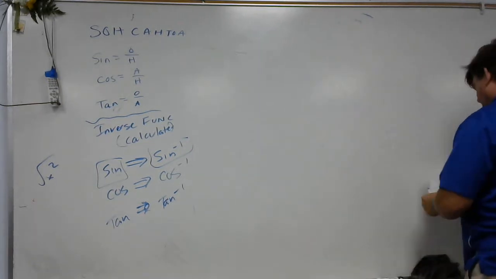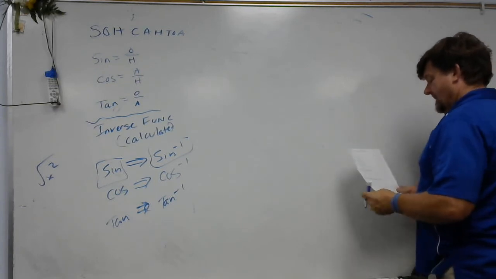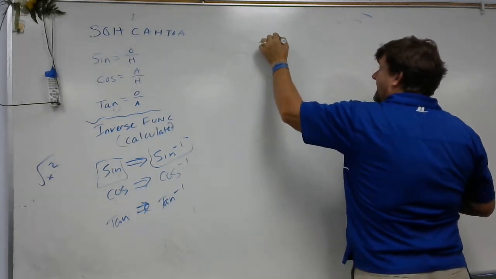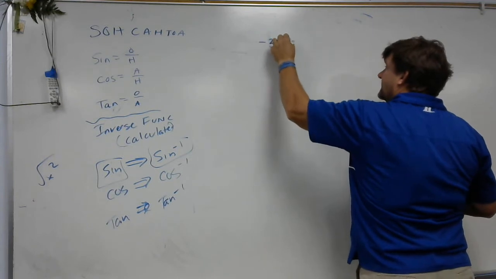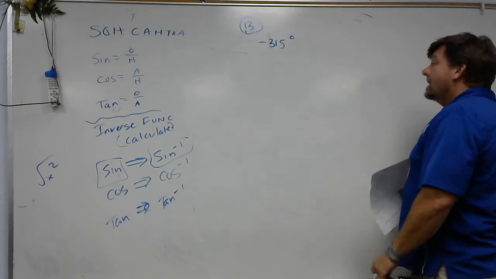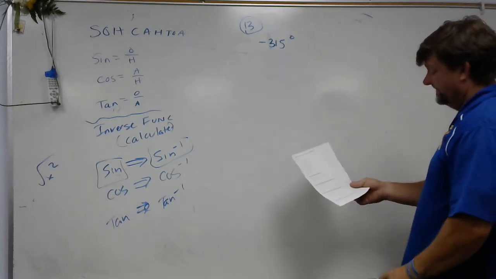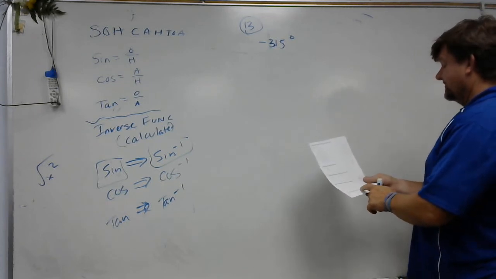So the last and final piece of trigonometry we need right now is this. We have a negative 315 degrees. So this is 13. When I'm given this, I go, oh, I don't know what I'm supposed to do. Then I read the directions. The directions are always helpful. Convert each degree measure to radians.